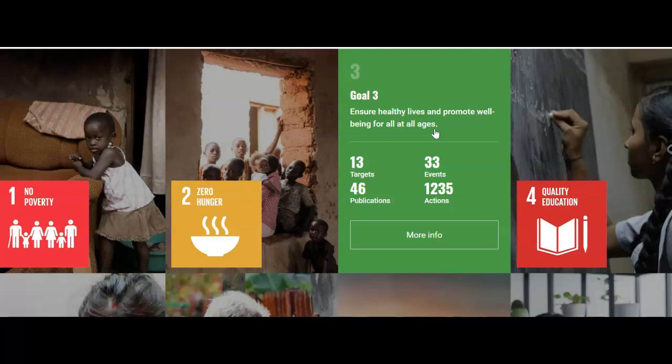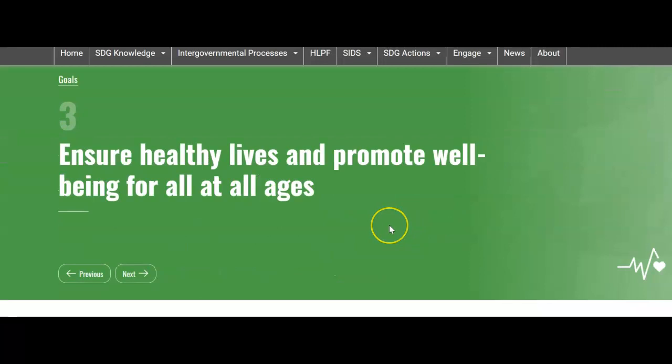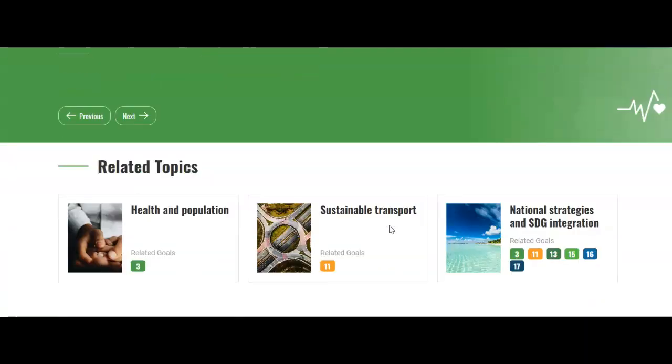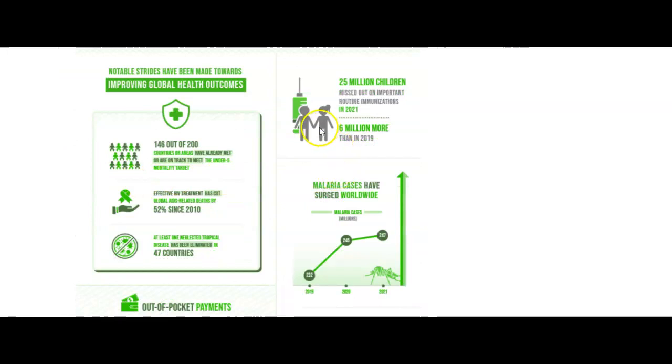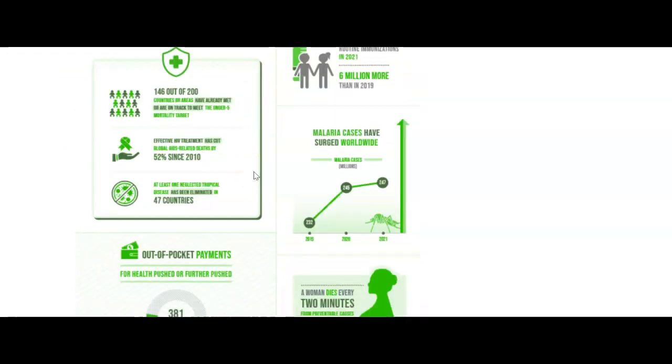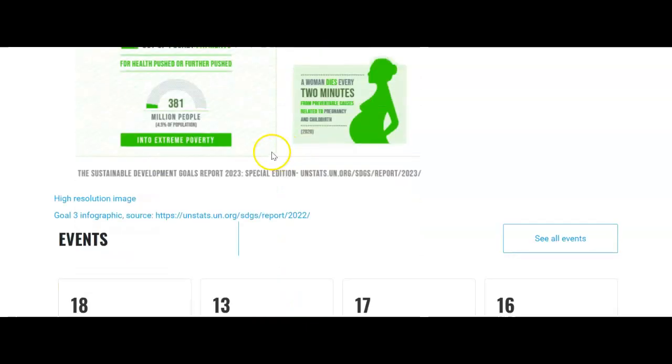So how are we going to meet these goals, and what's some information? Click on more info and you'll come down to an overview. This is what I was talking about in the discussion board. The overview gives you some information, some data in an infographic. What I tell you to do is click the high resolution image because otherwise it's really hard to read.